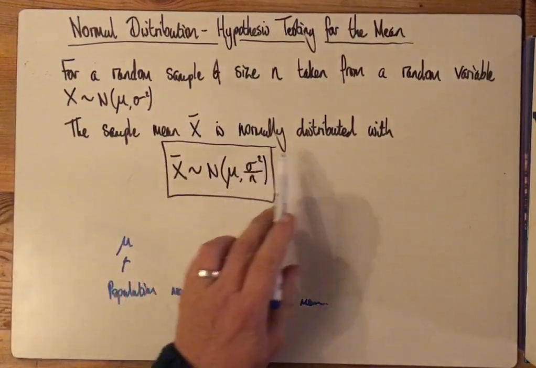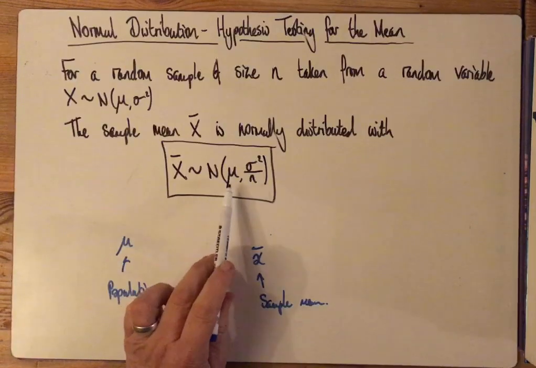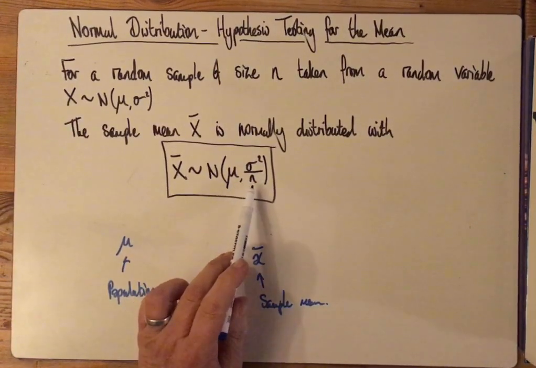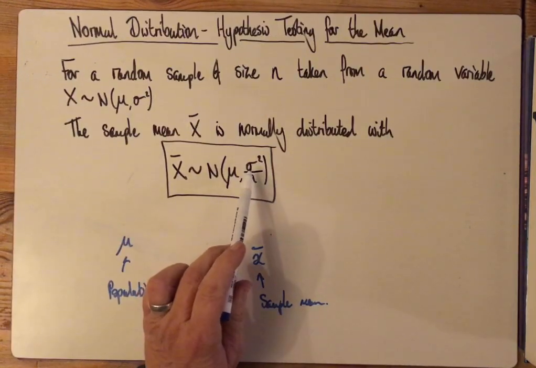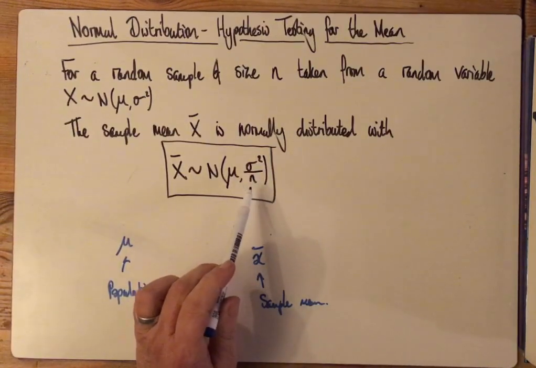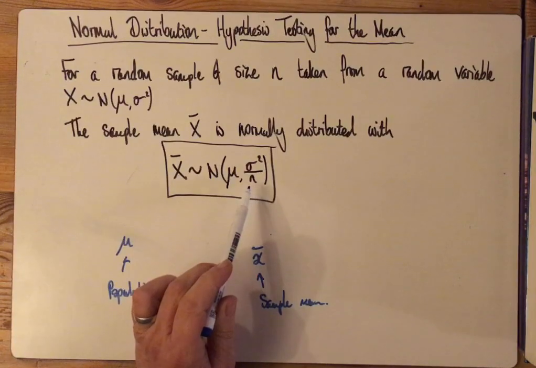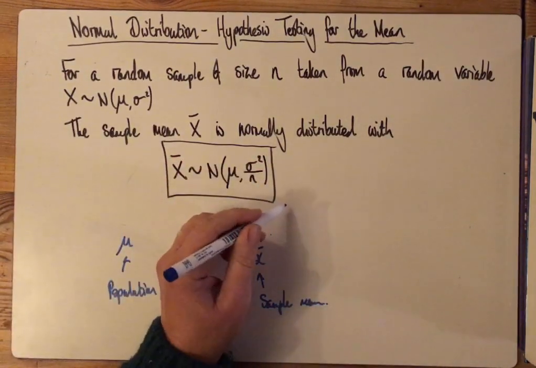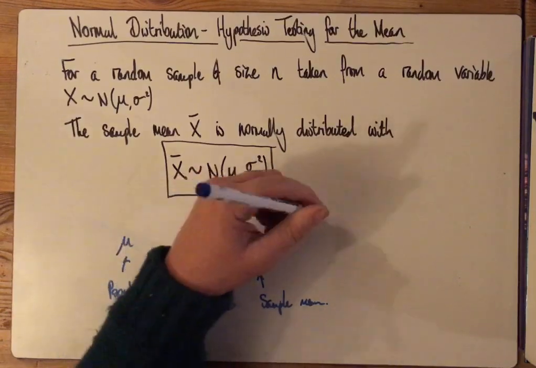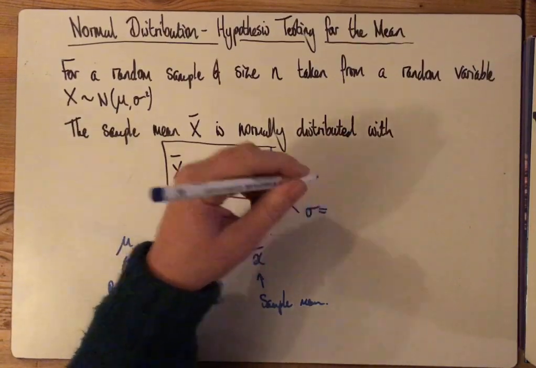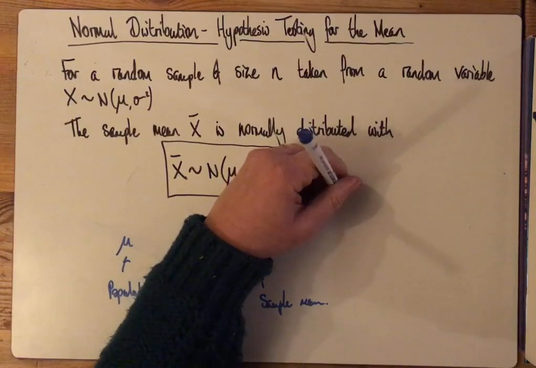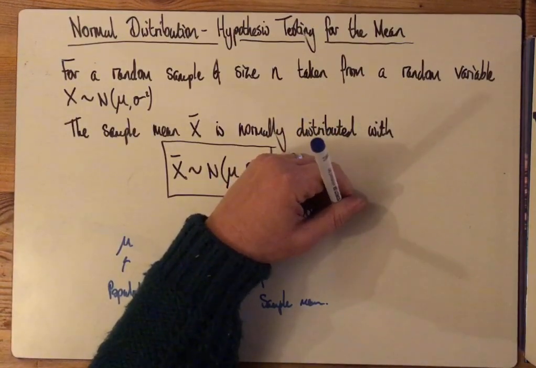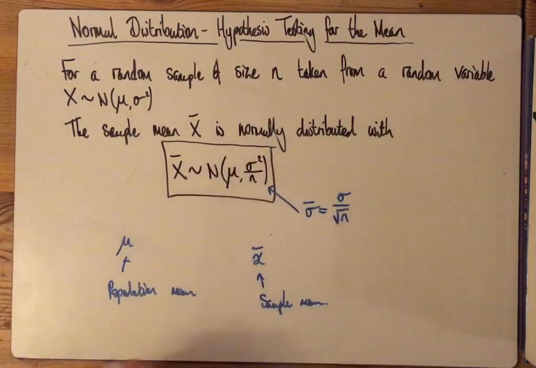x bar is normally distributed, and the mean stays the same, and the variance becomes the old variance over n. And so the standard deviation, and this is the mistake I make with these, is going to be equal to the old standard deviation over the square root of n.